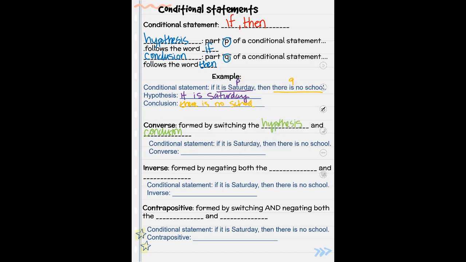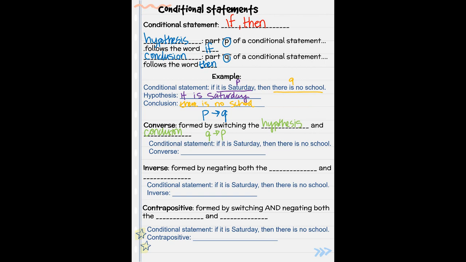For our conditional statement, we have this symbol, because if P, then Q. We're going from P to Q, so we do a P arrow to Q. For our converse, we're switching our P's and our Q's, so Q goes to P.